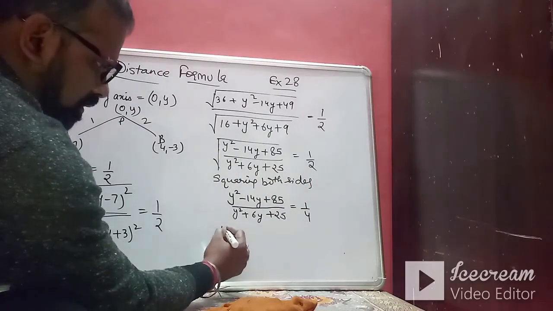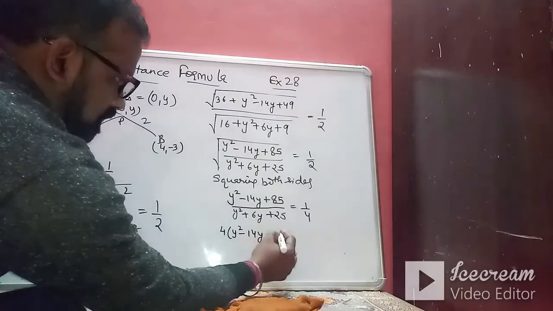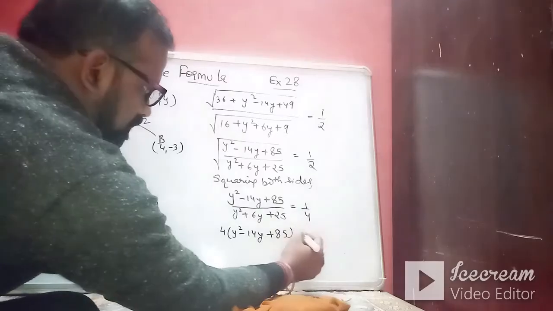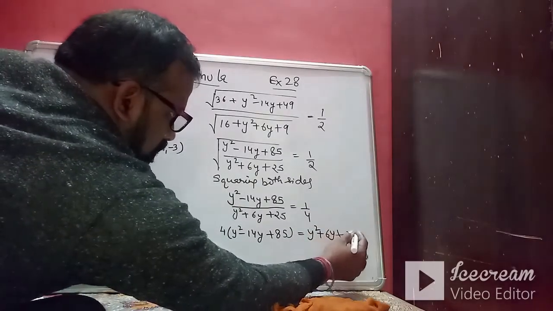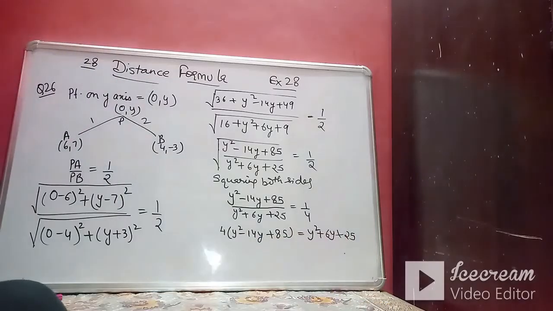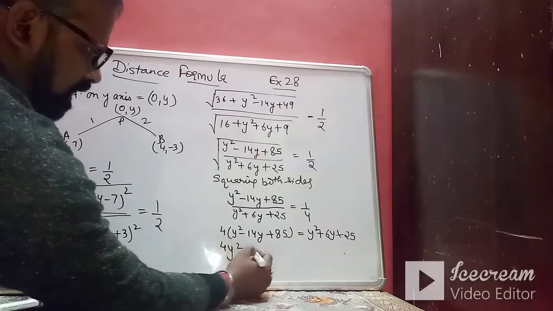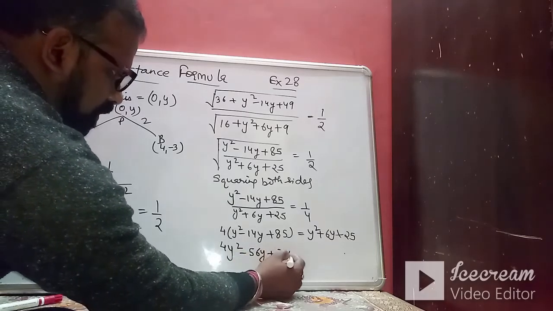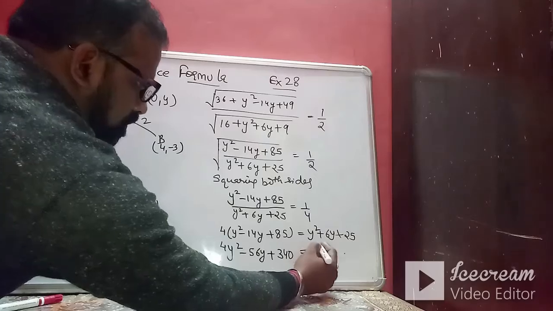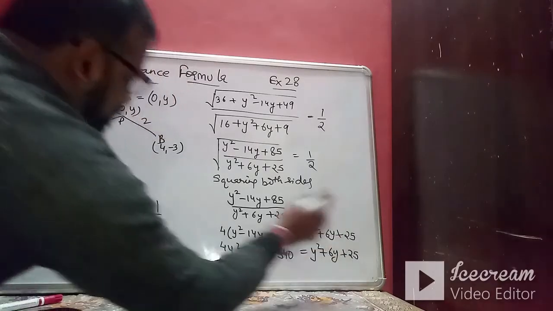Then cross multiplication will be there. 4 into y square minus 14y plus 85 is equal to y square plus 6y plus 25. So 4y square minus 56y plus 340 equals y square plus 6y plus 25.